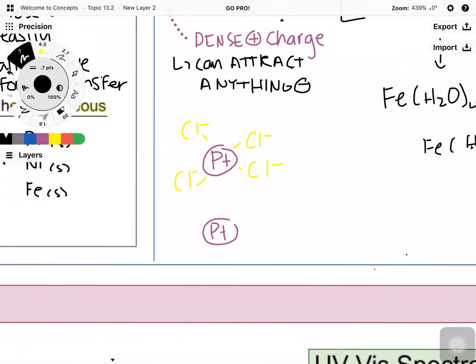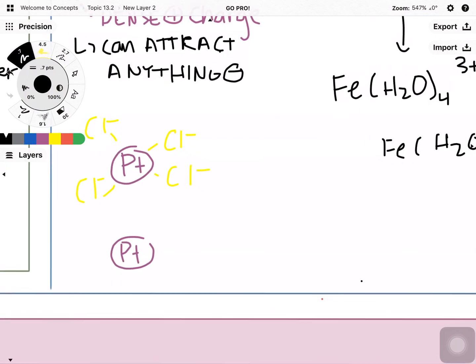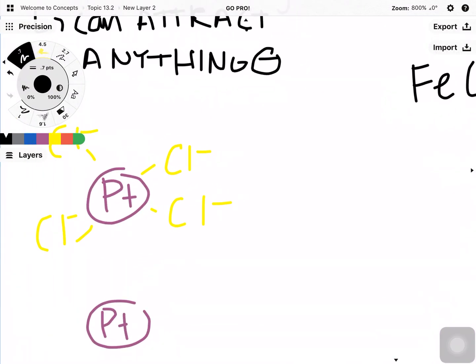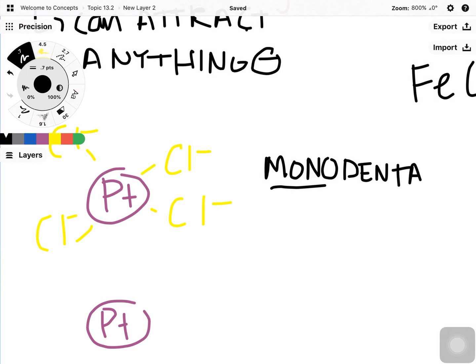Chlorine is an example of a monodentate ligand. What does that mean? It means that chlorine is only bonded to the central metal once.